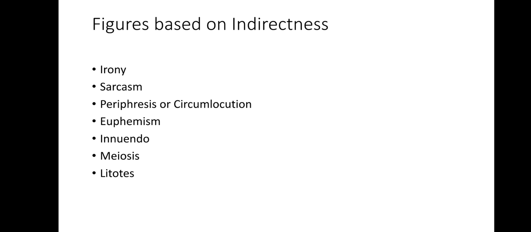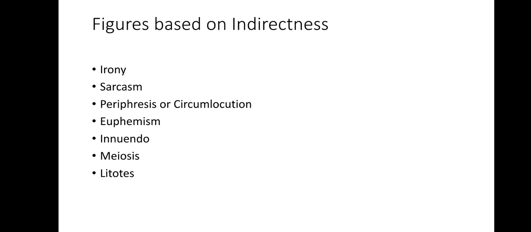So it's a way of hinting something unpleasant by saying something pleasant. So when you ask me, sir, how do you like my poem? When I say your handwriting is very good, that's not a very positive thing to say. So this is the example of innuendo.